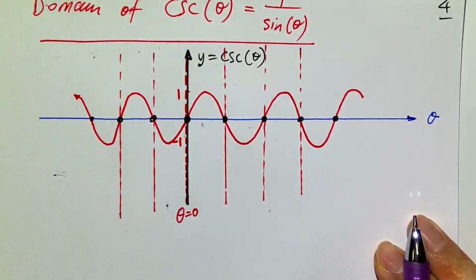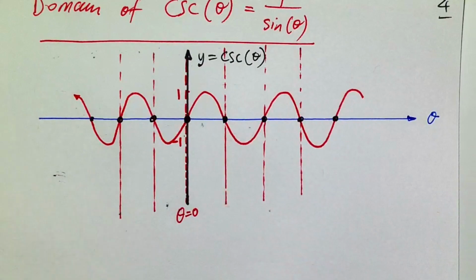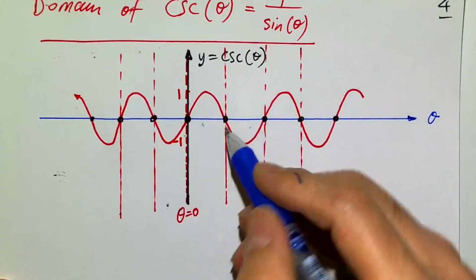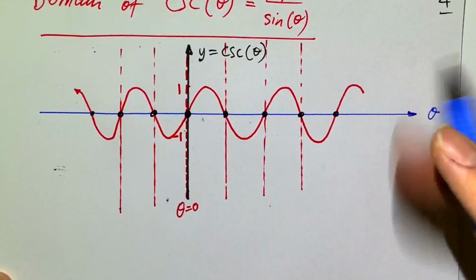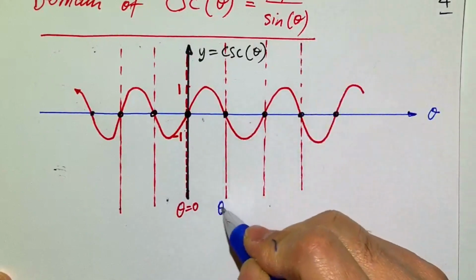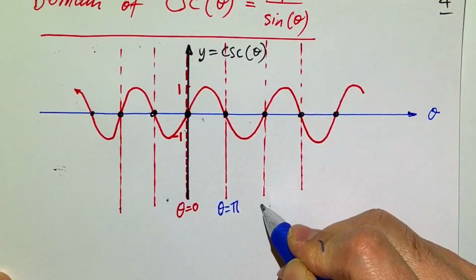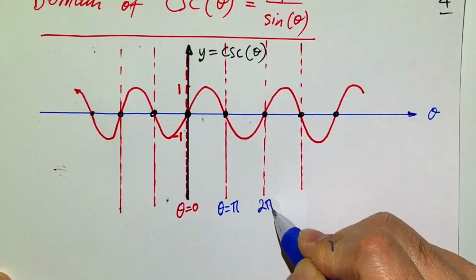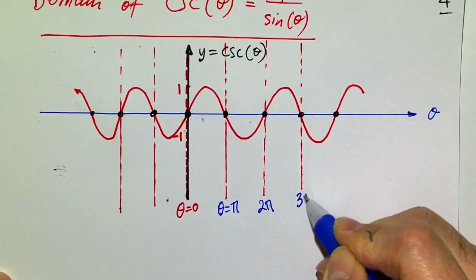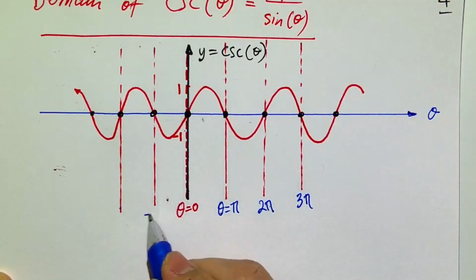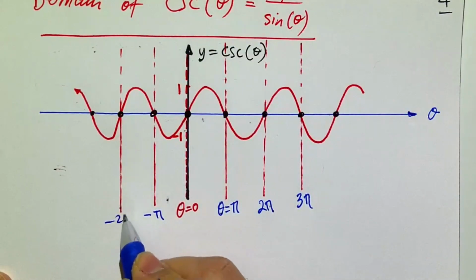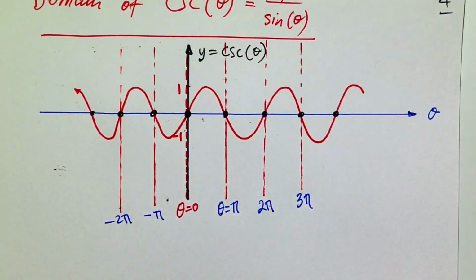Okay? So let's label these. We have that's 0. What about this one? The sine of theta is also equal to 0. So theta equals pi. What about here? 2 pi, 3 pi, and so on and so forth, right? How about this side? Minus pi, minus 2 pi, and so on and so forth.